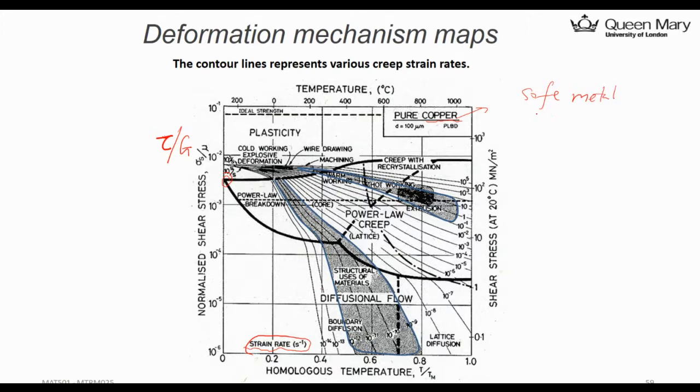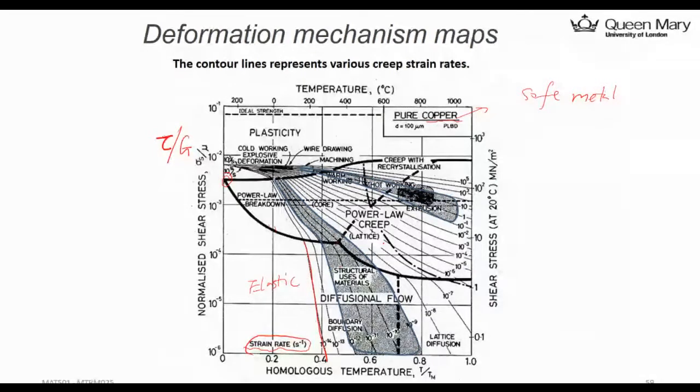They wouldn't creep at room temperature. Okay, and then there's some nonlinear curve like that, which is basically the boundary for the power law, and then there's some line which gives you the boundary between the diffusion and the elastic deformation.